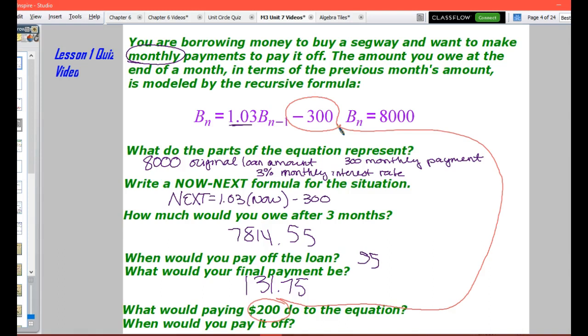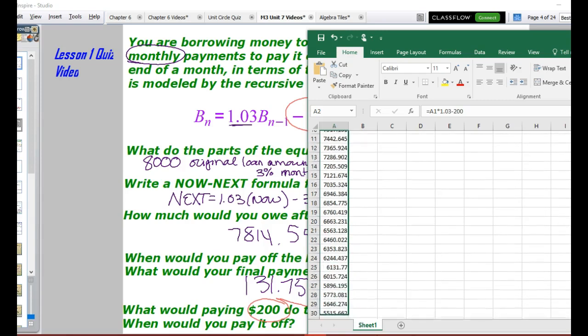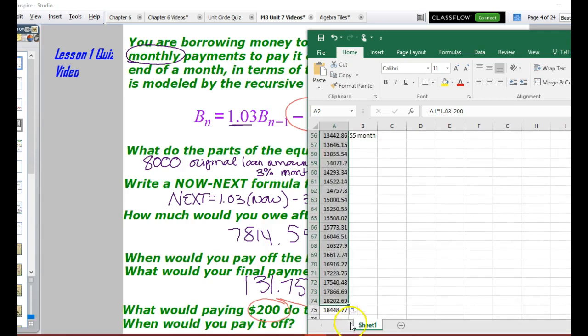So if they want to know when would you pay it off by paying 200, the nice part is my Excel, when I go back into my equation up here, I can change this now to 200. I'm only going to pay back 200 a month. And I would recommend clicking on that top one again and re-dragging it down just to be safe that that 200 is being applied all the way through.